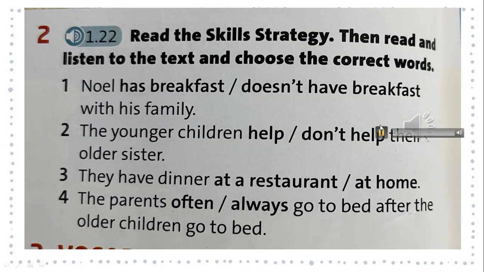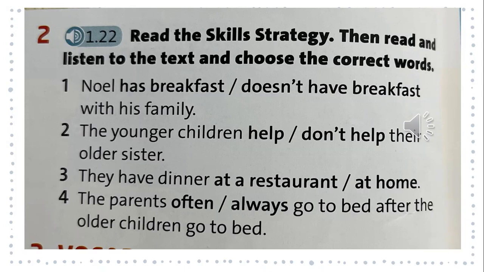Unit 2. Reading. Exercise 2. Sue and Noel Radford have got 22 sons and daughters, and they've also got 6 grandchildren. It's a big family, and they're very organised. Noel gets up at 4:45 a.m., has breakfast and goes to work. The children get up at 6:45 a.m. Sue works at home.